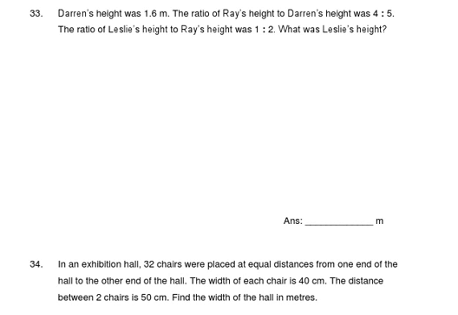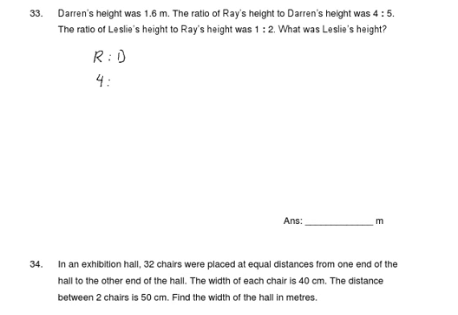Okay, next. Darren's height was 1.6 meters. The ratio of Ray's height to Darren's height was 4:5. Okay, so I know that Ray is to Darren is 4:5.